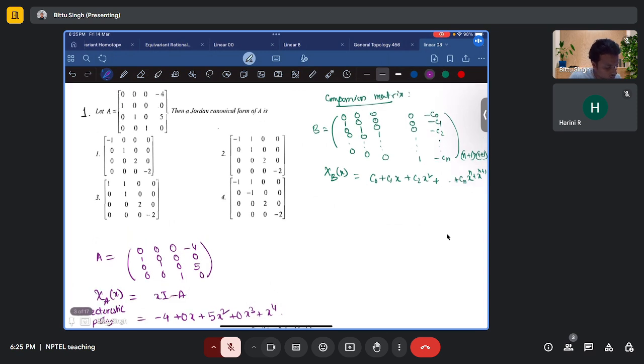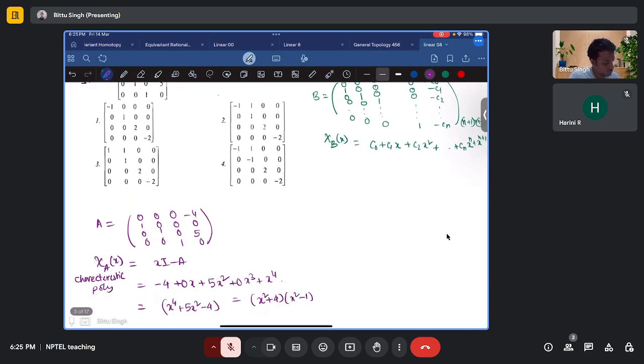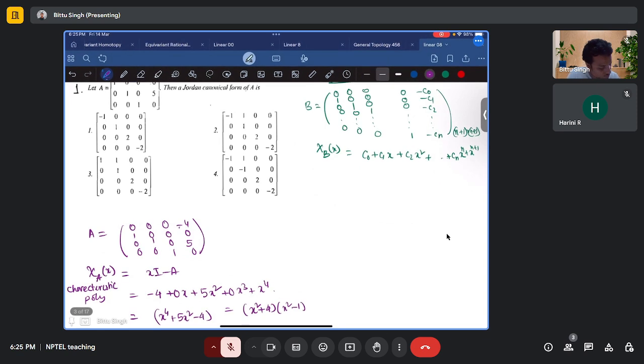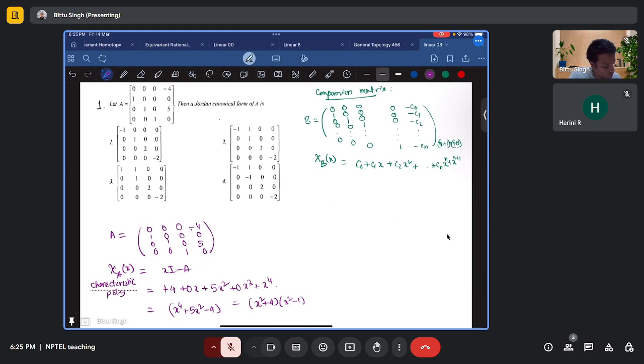So this is the factorization, and from here we can see that the eigenvalues, okay, is there any mistake? Maybe I have made some mistake. Let us look. Just look at the sign. There is minus c0, that's why I have made a mistake. We need to take care of the sign. So minus 4 is actually plus 4, this is plus 4 and 0.